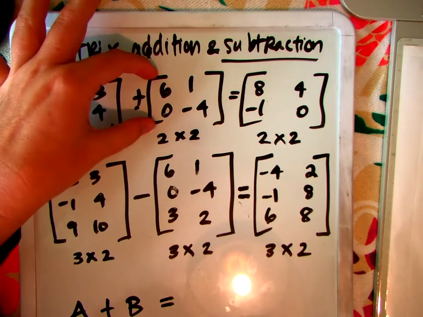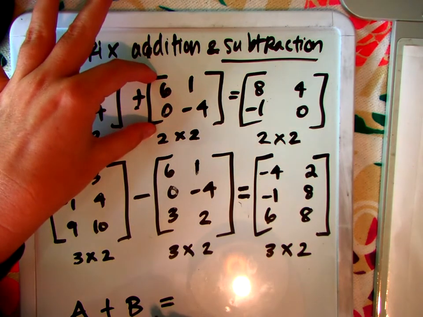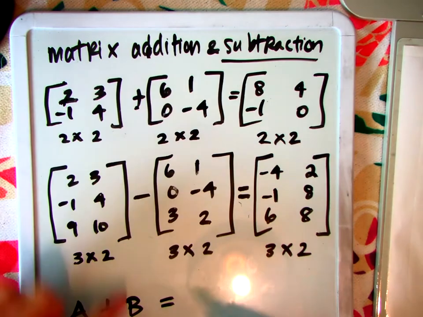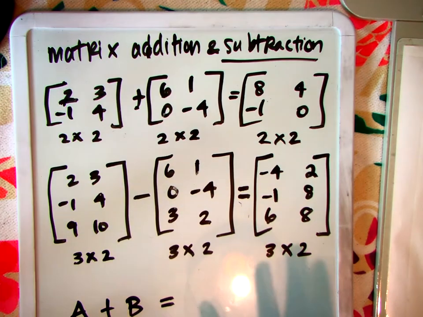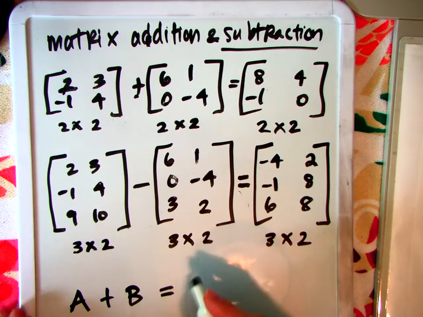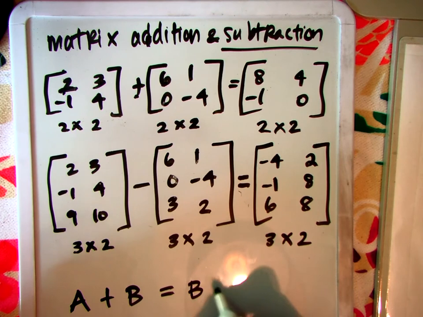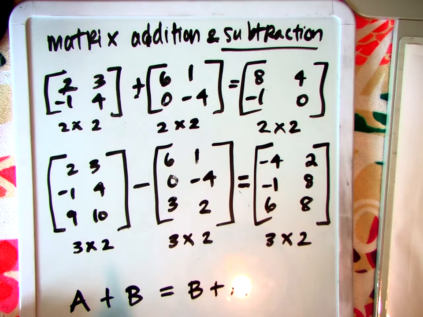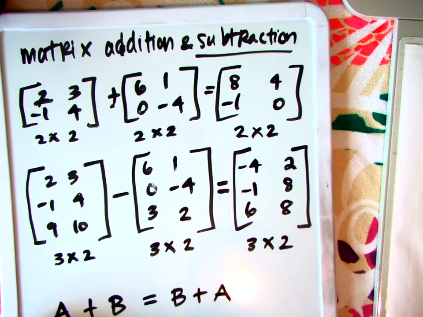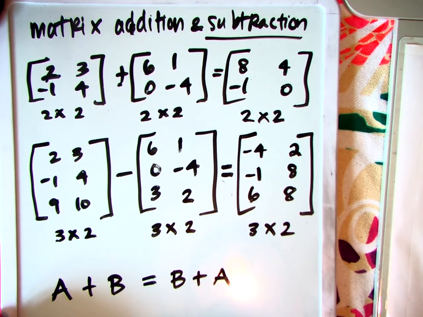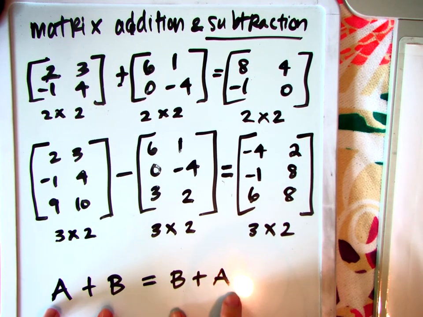So what if this one was first? Would the answer to A plus B, this matrix here, be the same as B plus A? And the answer to that is yes. So matrix addition is commutative, meaning the order of them is not important when we add.